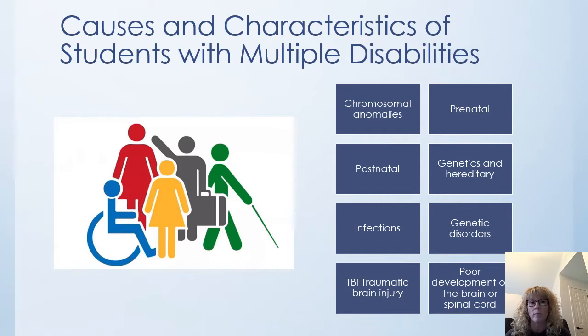Infections could happen in the womb and outside the womb, or as the child is young. Some genetic disorders can be the reason for the disability. Traumatic brain injury also causes multiple disabilities, and poor development of the brain or spinal cord are another reason.